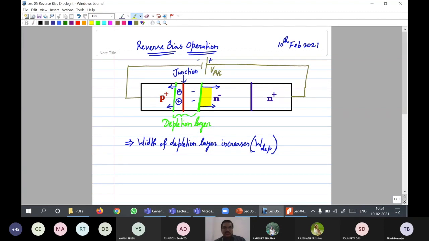They are flooded with charge carriers, the P plus layer, because the doping level is very, very high, 10 power 19 impurities per cubic centimeter, whereas the N minus layer is lightly doped. It's only 10 power 14 particles per cubic centimeter. Therefore, the depletion layer extends into the N minus layer more compared to the extension in the P plus layer.